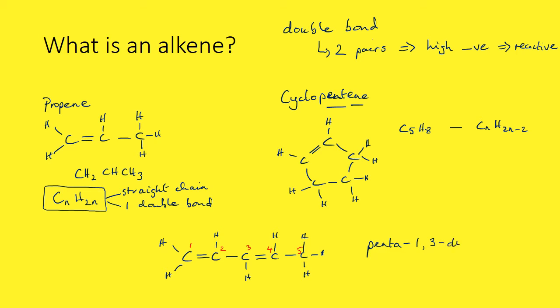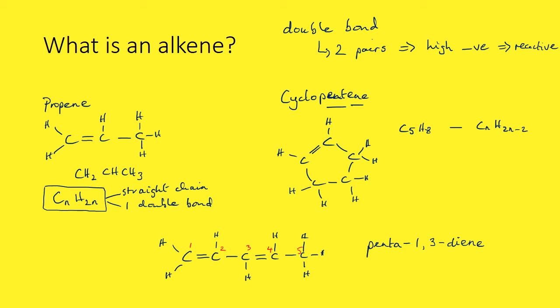So we write diene, like so. And so that would be the name of that alkene displayed formula that we just did.